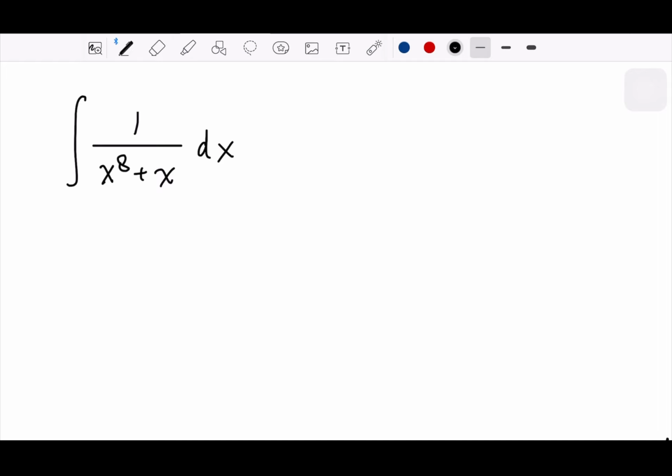Okay, so you see this. You have a really high power, like x to the 8, and you can think of 9, 10, 11. The trick will be the same. Plus this is just x. When we deal with this, our instinct intuitively says, okay, factor out x, and then we have x to the power of 7, right?